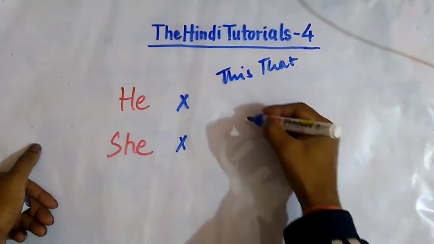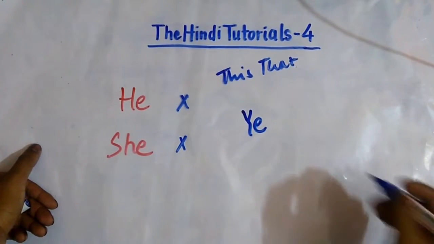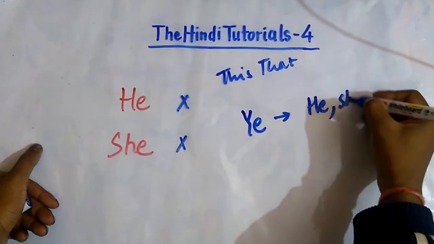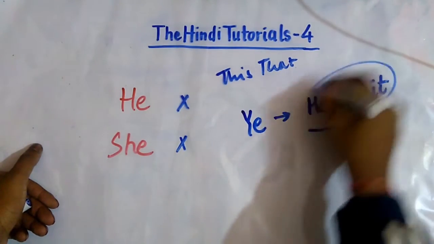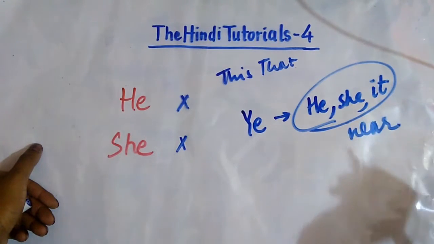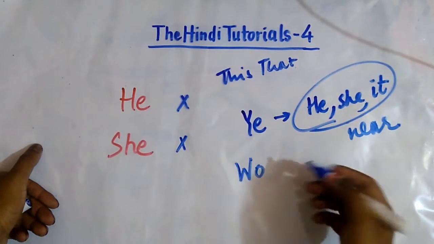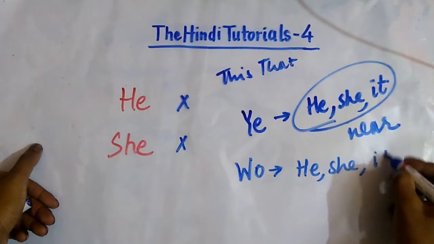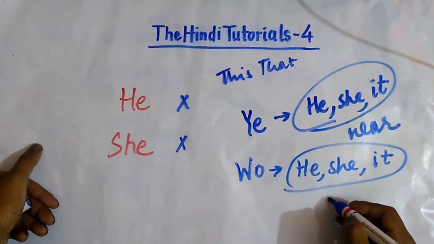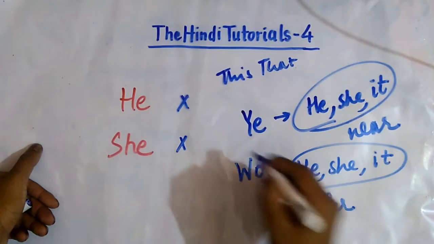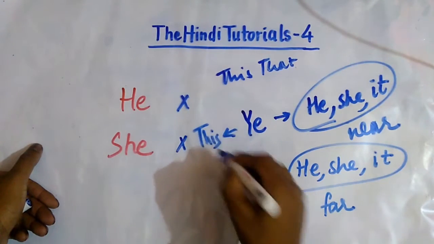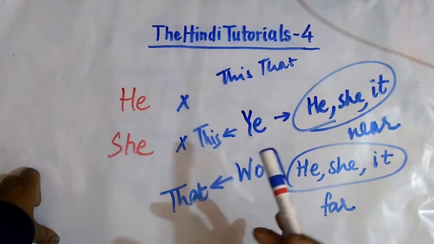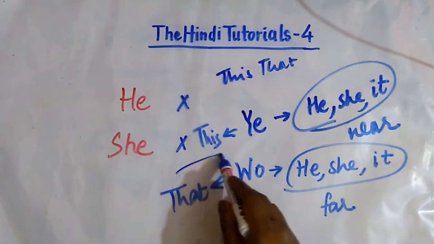So the words are ye, which means he, she, or it, something near. And the next word is wo. Okay, wo, which means the same, he, she, it, which is far, a bit far. It also means this, and this also means that. The concept is a bit different, but as the classes will go on, you will understand it easily.